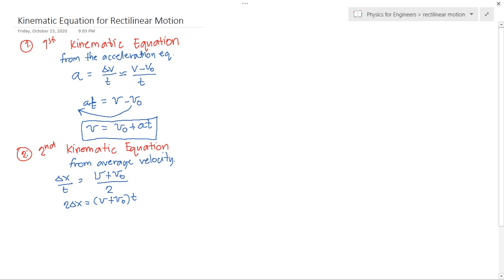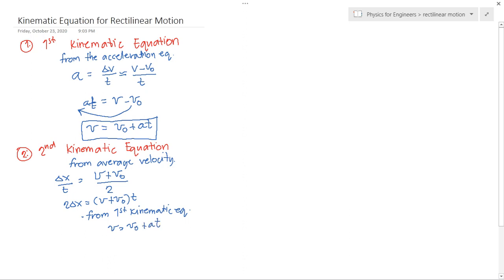Then in this equation, we all know that from the first kinematic equation, v is equals to v naught plus at.